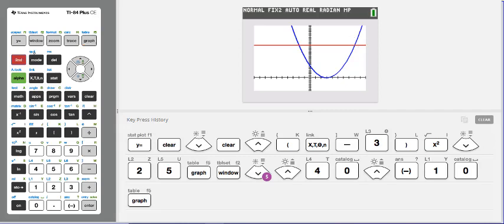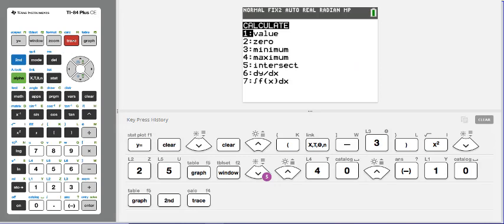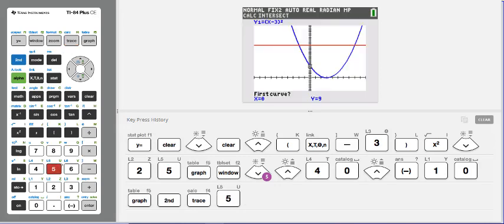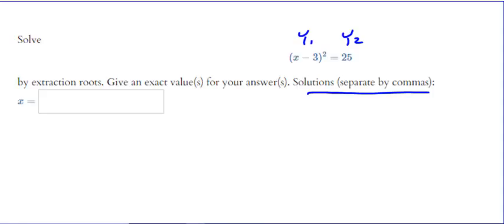Now, we want to find this intersection as well as the other intersection. So what we're going to do is second trace. We're going to do this 2 times. The first time, we're going to move the cursor over and make it above it, right? I don't put it on it, I just put it above it or around it, okay? Enter, enter, enter, and I get negative 2. So one of my answers is, guess what, guys? Negative 2.